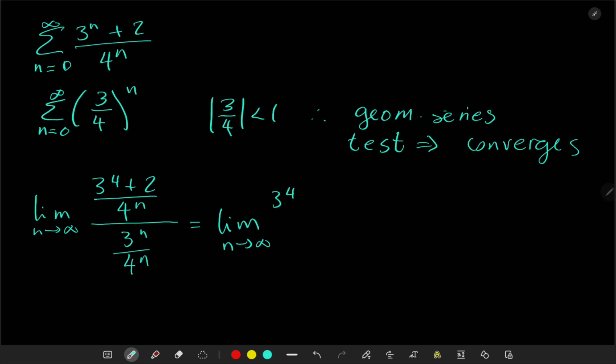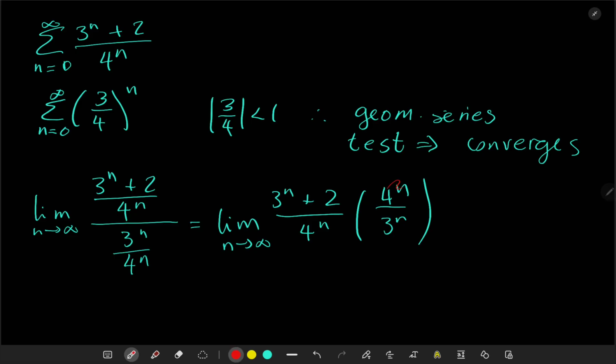Oh my goodness, it's late in the day. 3 to the n, I typo'd there. Sorry about that. I'm acting as if I don't do that often, but okay. Let's pretend. So I'm going to be multiplying times the reciprocal, so 4^n over 3^n. And let's see what happens here.